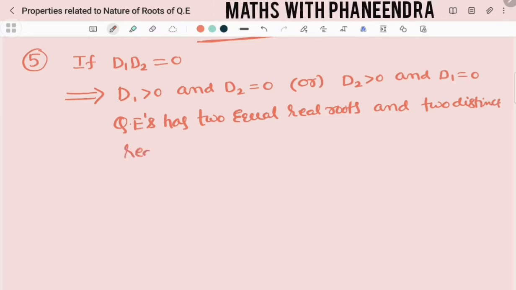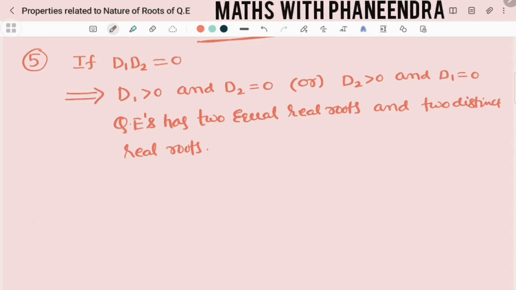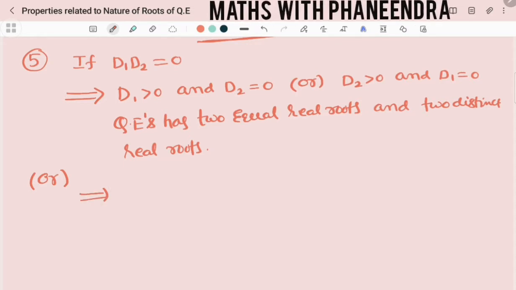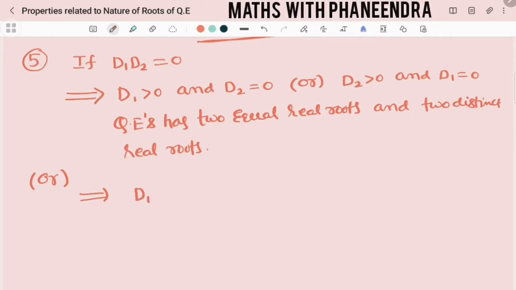I hope you understand. Not only this case, but with d1 d2 equal to 0, the less than 0 case is also possible. Same category: wherever greater than is there, I am writing less than.